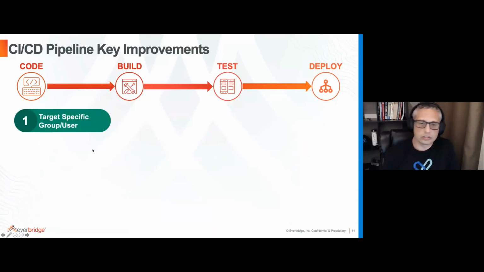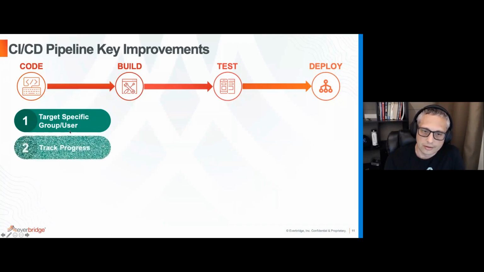So what we're going to do, this goes back to those key improvements again. One is targeting specific groups and users, right? And to add to that, we need to be able to track that progress. If we've targeted someone, have they responded? If they responded, how does everyone know that they responded and that they're taking action or not taking action?